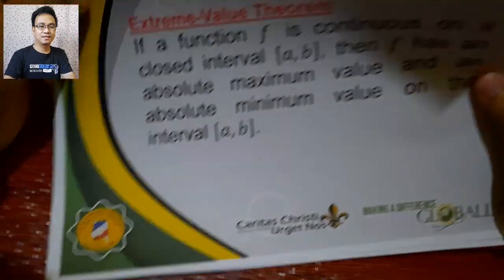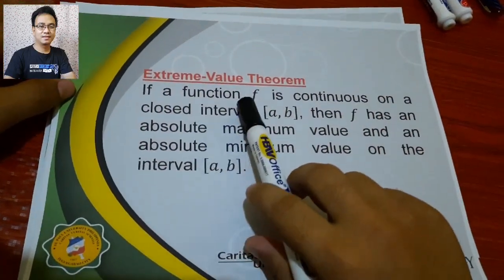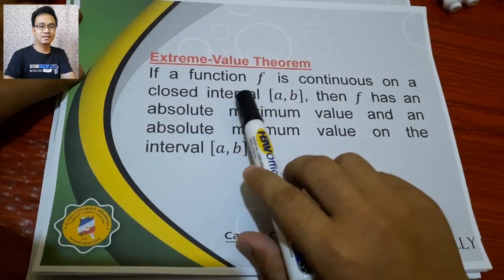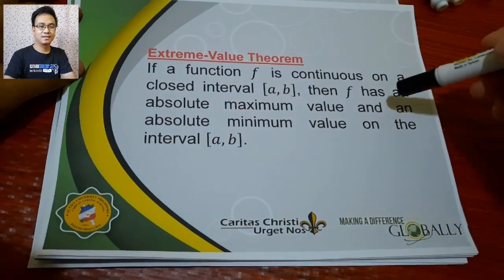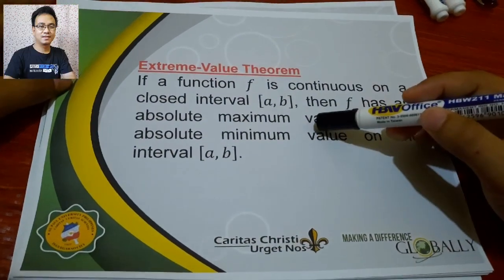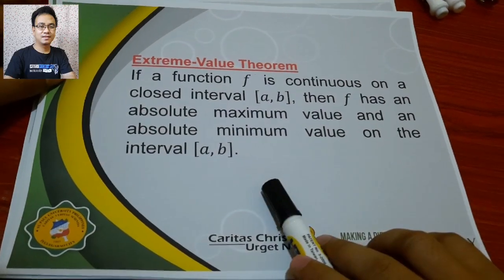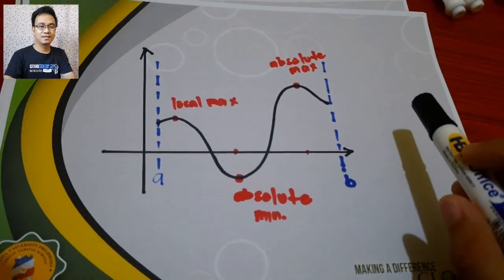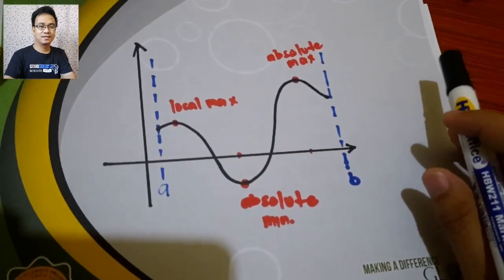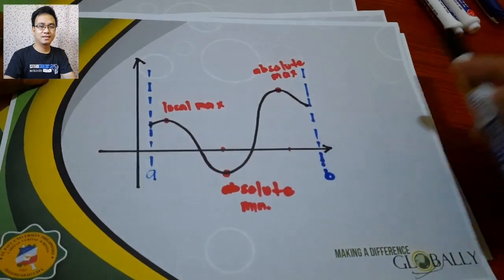The third definition, actually this is a theorem. This is the extreme value theorem, says that if a function f is continuous in a closed interval ab, then f has an absolute maximum value and absolute minimum value on a closed interval ab. To illustrate that, in this graph, let's say this curve is a function f.